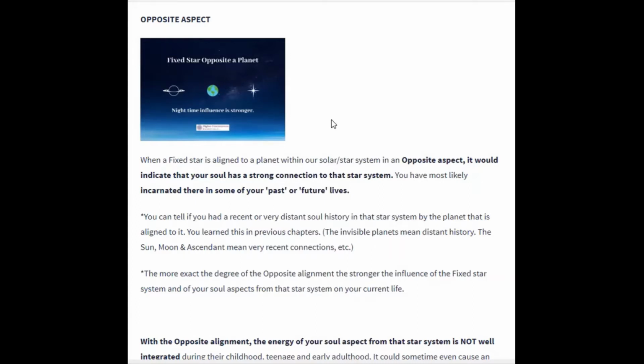If that's a little confusing, let me go back to conjunctions: daytime conjunctions, with a transit or an alignment to that fixed star of your conjunction, is when it's going to have a stronger influence. But the opposition is the opposite. If you have a fixed star opposite a planet in your soul journey, its influence will show up stronger at night.